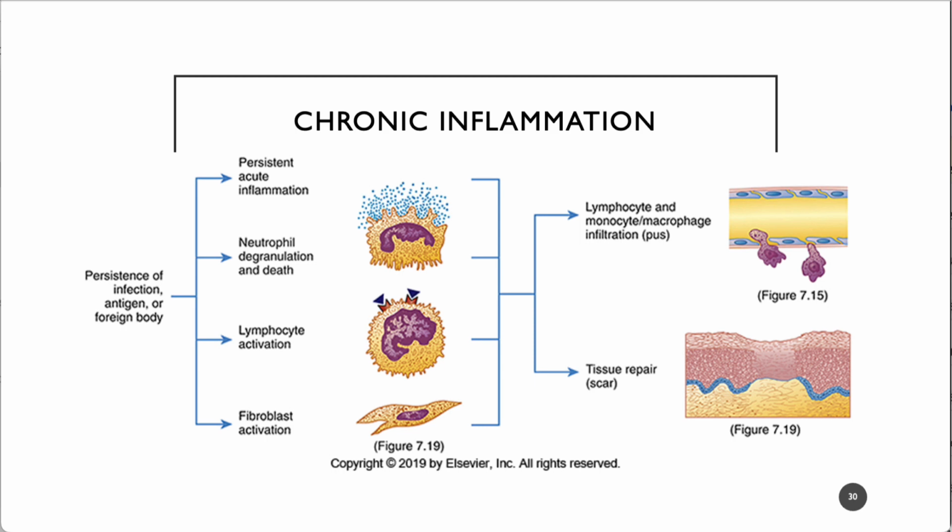And so we see this in things like, again, forgive me, but I know cardiology better than anything. We see it in the heart when somebody has a heart attack or when they have chronic heart failure. This chronic inflammation is what lays down all those fibroblasts or scar tissue in the heart.